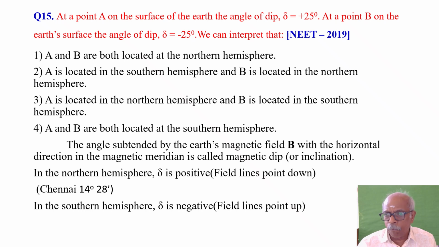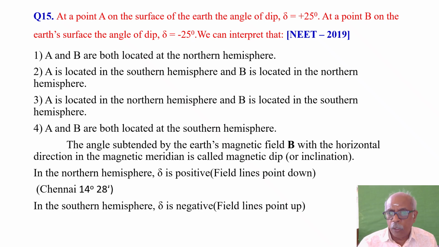So the places which lie on the north side of the equator are called the northern hemisphere. Hemisphere means half of the sphere, half of the globe, the northern side globe. That's it. So the places which are on the south side of the equator are called the southern hemisphere.